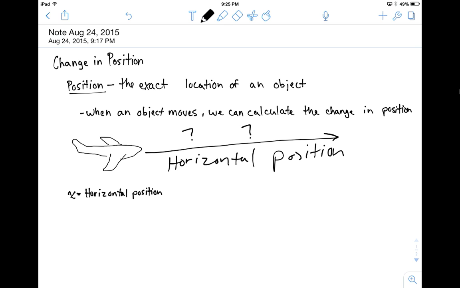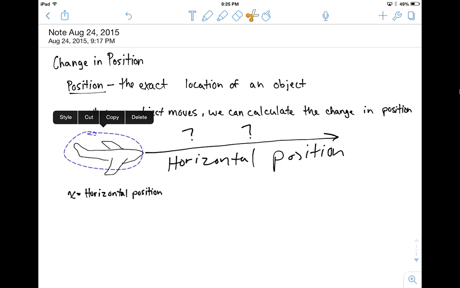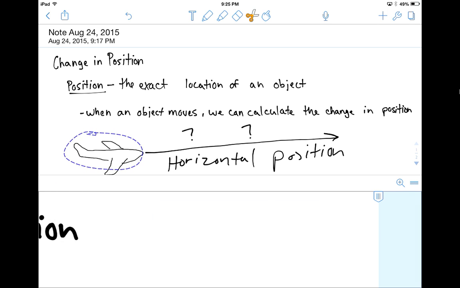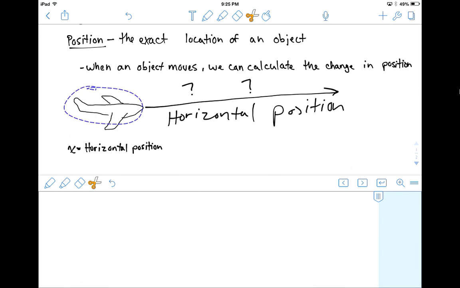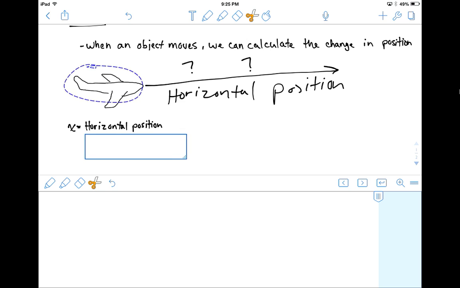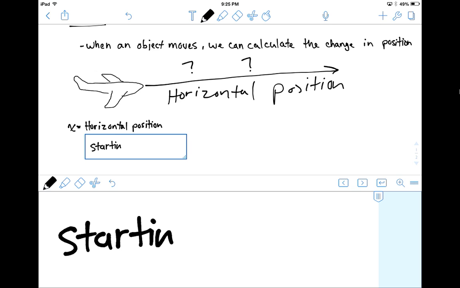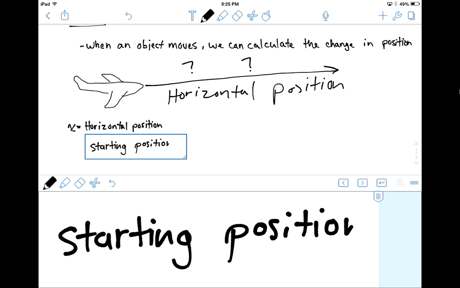Okay, now the next thing is when that airplane moves, okay? So when it moves along, its x value is going to change, okay? So the first thing we have to know is where does the airplane start? Okay, so we're going to talk about starting position, okay?